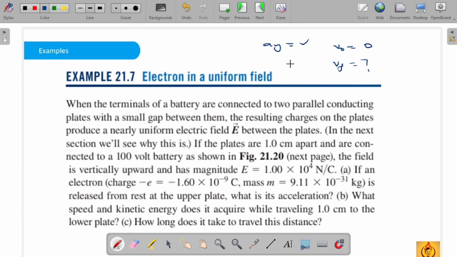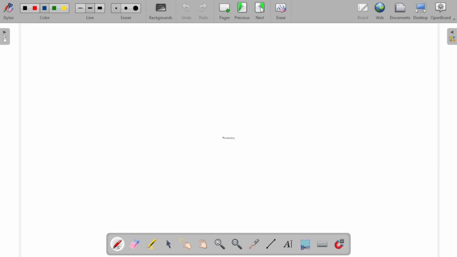How many quantities do we have to know for us to find any quantity in this kind of questions? We need to know 3. We also know the distance. Delta y is 1 centimeter. So we can work this out.